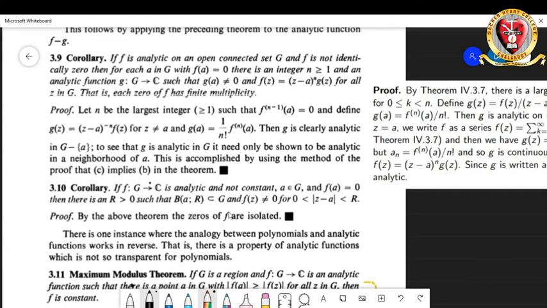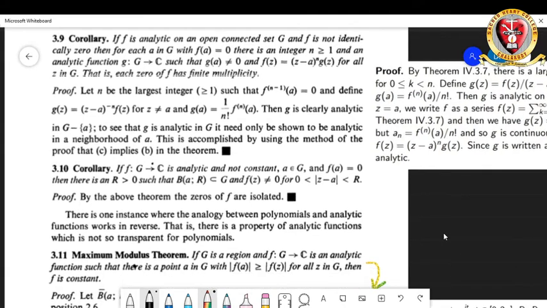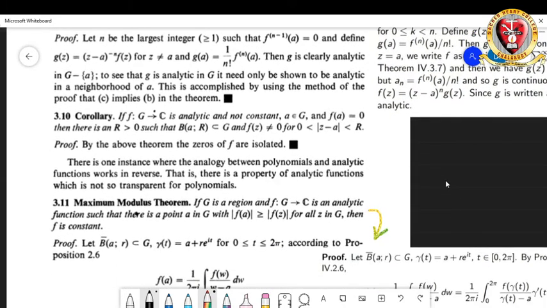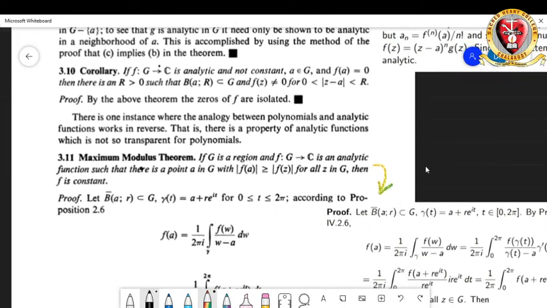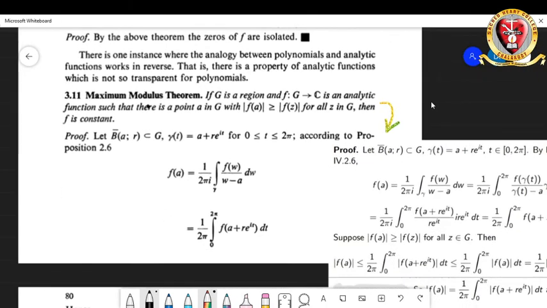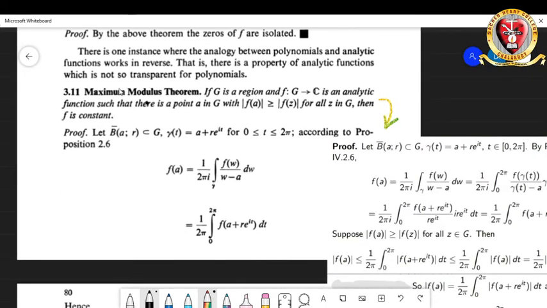That means all the zeros of f are isolated. That is another corollary which is inferred from theorem 3.7. And now we move on to the important part of this section, which is the maximum modulus theorem.